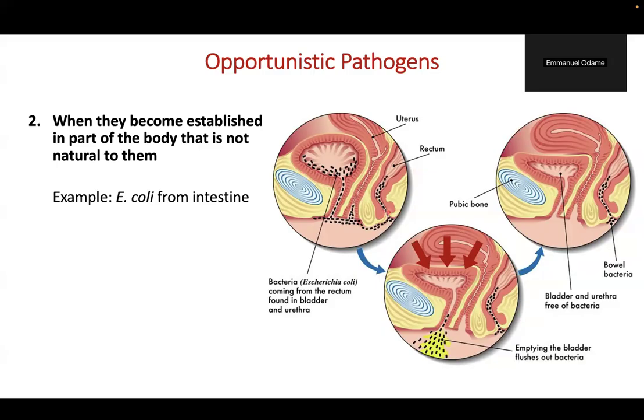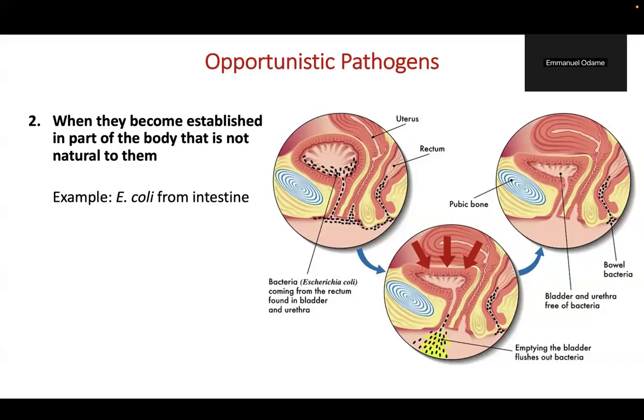In some instances, you have E. coli present in your uterus, in your sexual organs, and also in your ureter. These are not the resident places where a microbe such as E. coli should be. So mostly the body tries to take care of it through flushing out, or peeing.